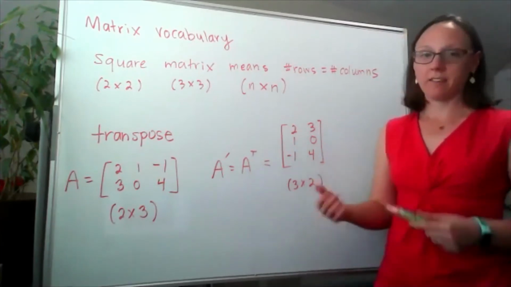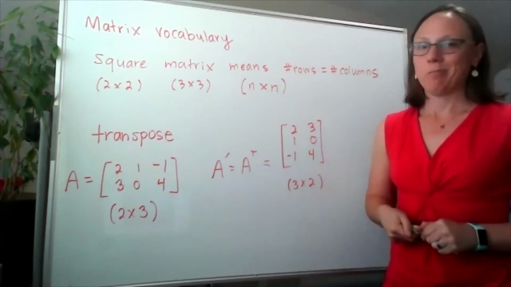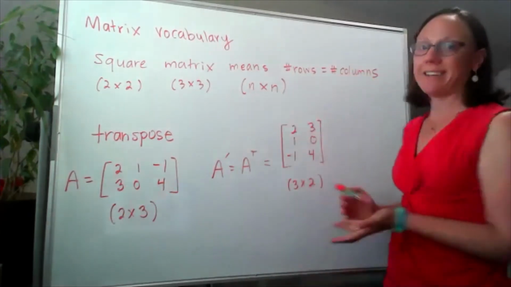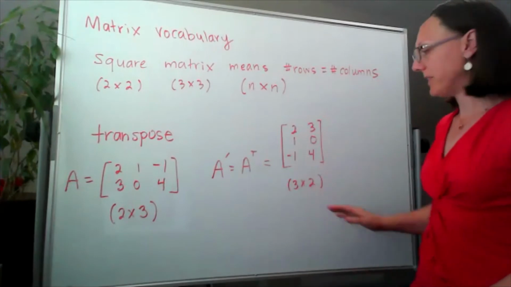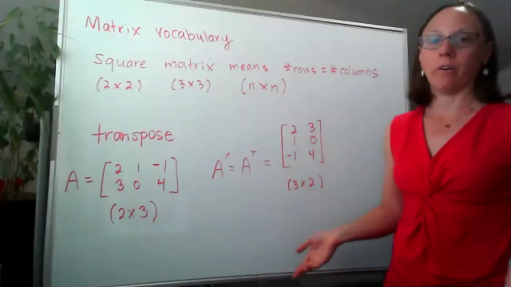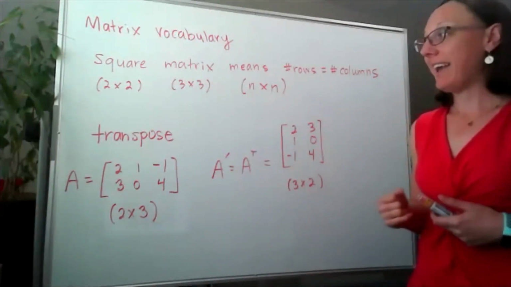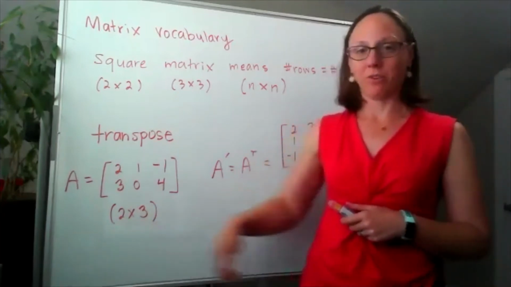In general, taking the transpose of a matrix gives you some other matrix entirely. Their dimensions in general will not match unless it was a square matrix to begin with.